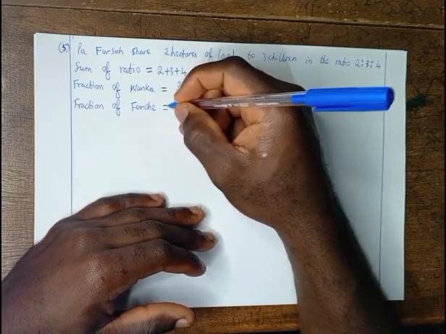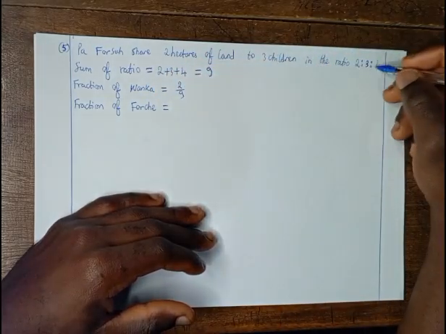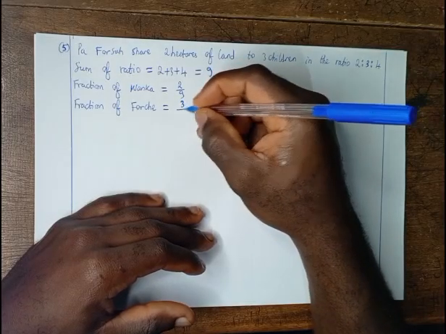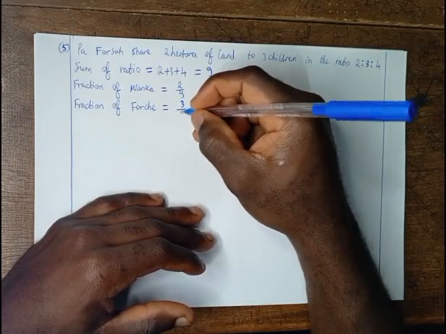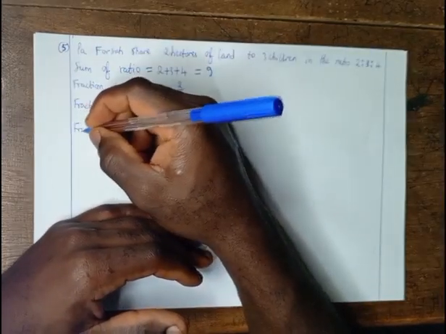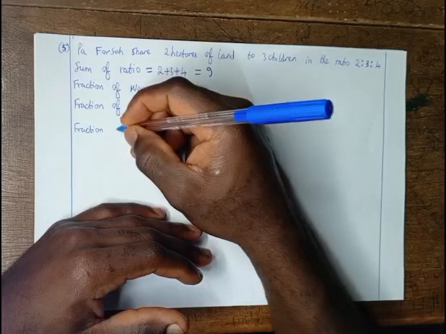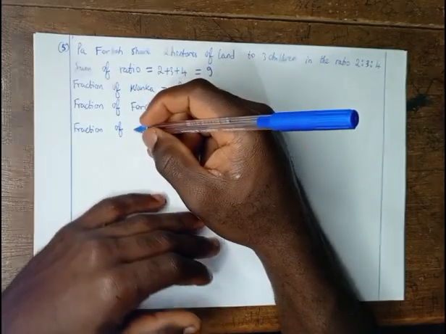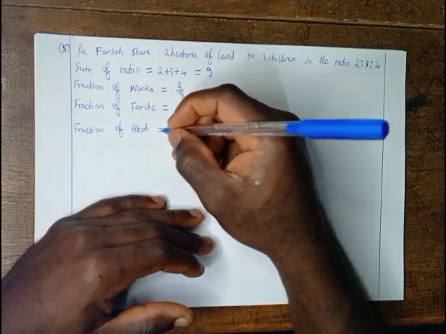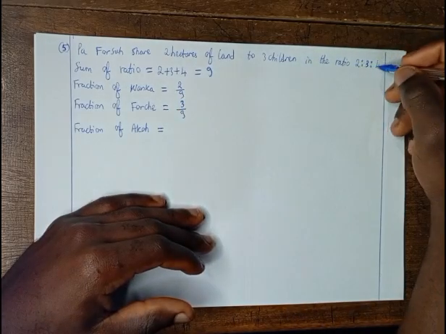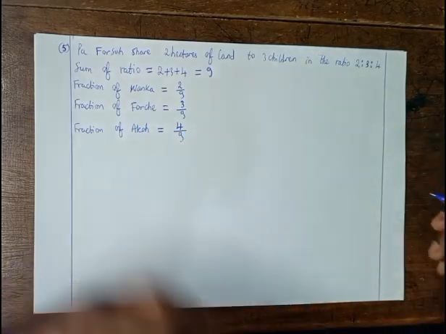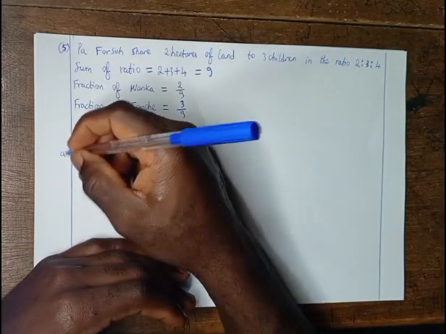Fraction of Foche will simply be equal to, out of the 9 things, Foche will receive 3. 3 over 9. Then we need the fraction of Akko. Out of the 9 things, Akko will receive 4. 4 over 9. Now we can easily answer the questions.